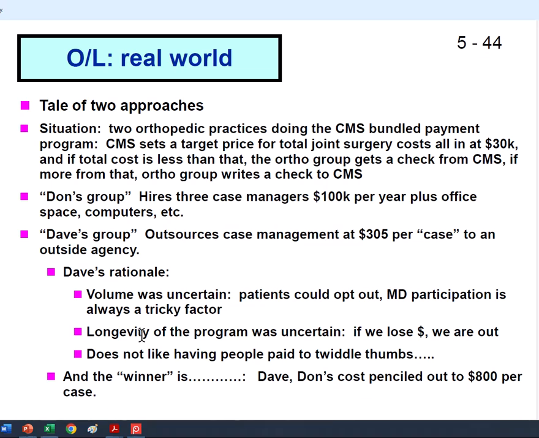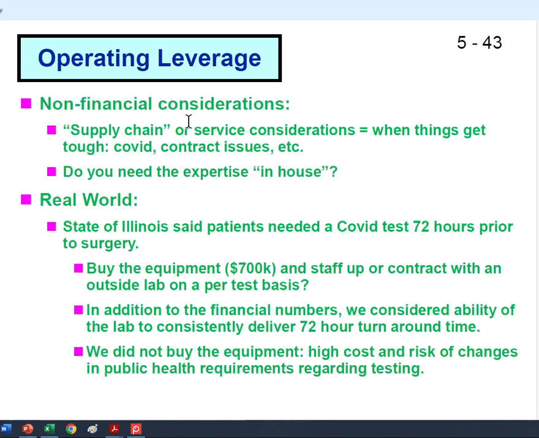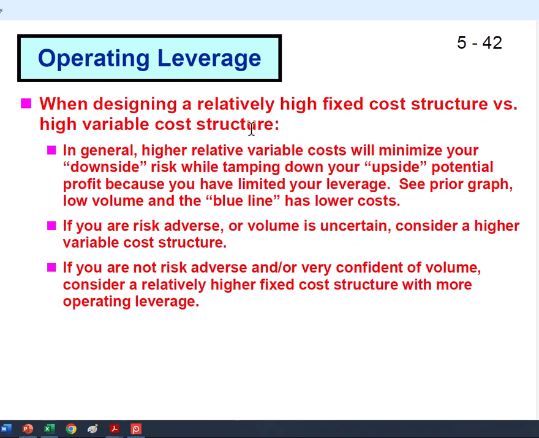Once we'd gotten experience with the program, had certain volumes, all the physicians embraced it, then it made sense to hire the nurses. So it's really a classic good example of operating leverage. But what you need to understand is this: I'm not going to do mathematical tests for the homework on operating leverage, but you should understand the concept.